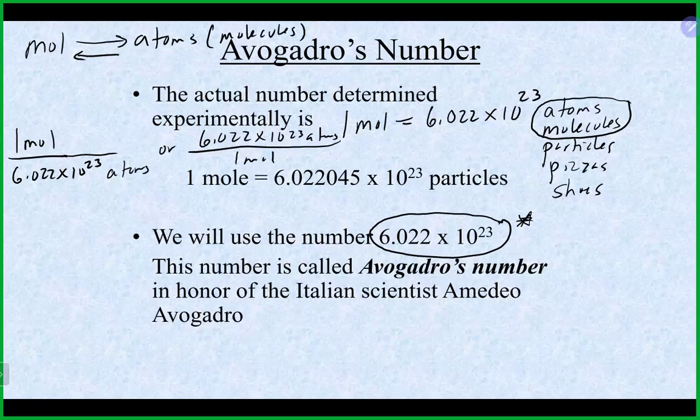You should only use Avogadro's number if somewhere in the problem they give you a number that's in atoms, they give you a number that's in molecules, or they ask you to calculate something that's in atoms or molecules. If you don't see those kinds of keywords in the problem, you should just leave Avogadro's number on the side and not use it. Again, it's overused in the wrong situations along the way. Any questions on that?